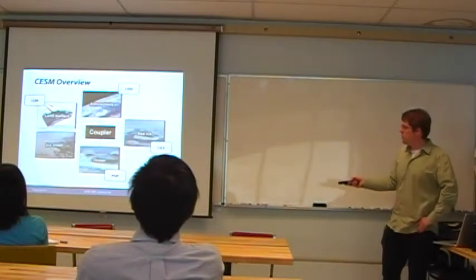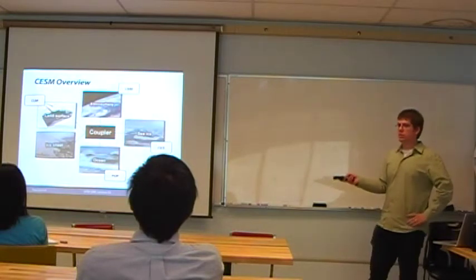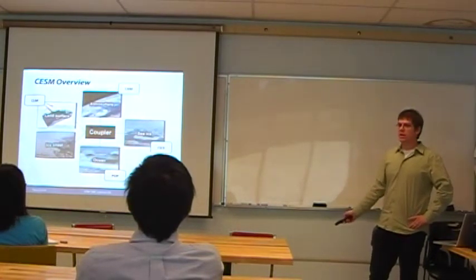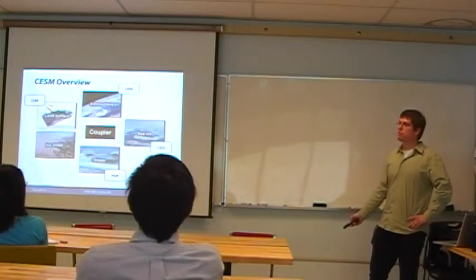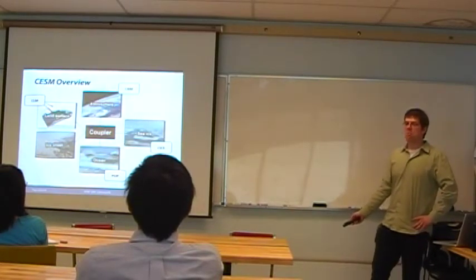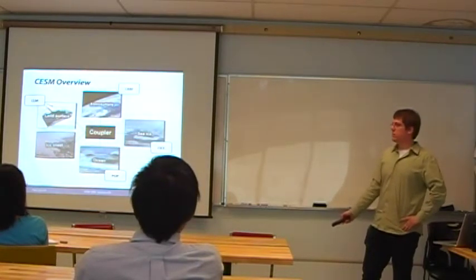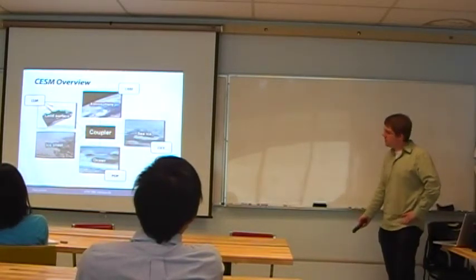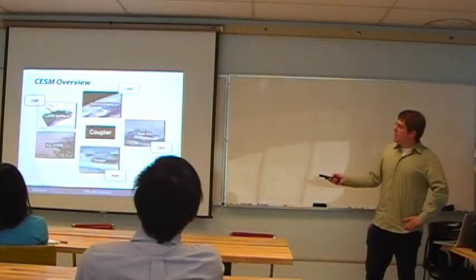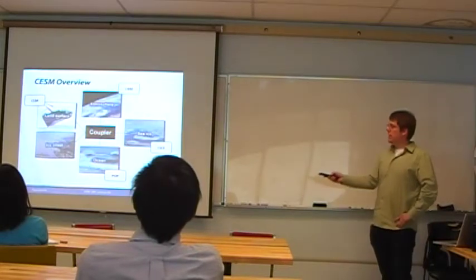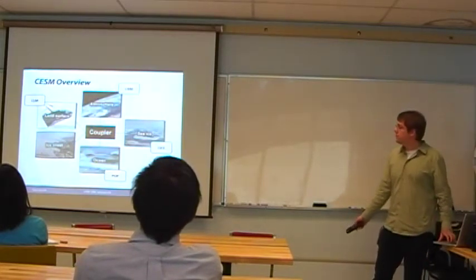Ocean, which is run via the POP model, which is the Parallel Ocean Program. This acronym was actually created as a response to the GFDL MOM model. I'm not sure what the first name stands for, but the last are our ocean model. And then CLM, which is the Community Land Model, that handles the land surface and land ice sheet.